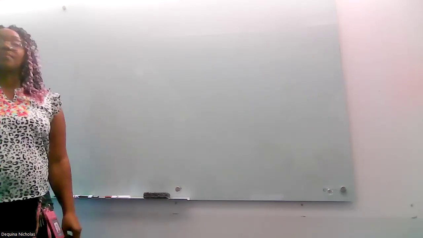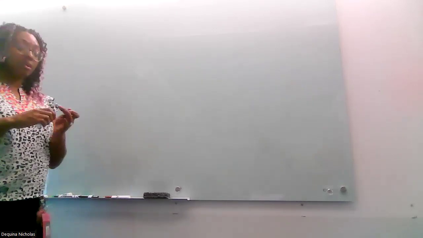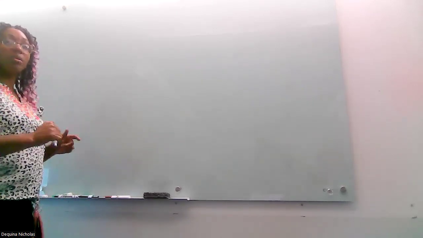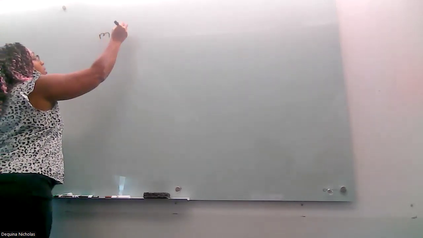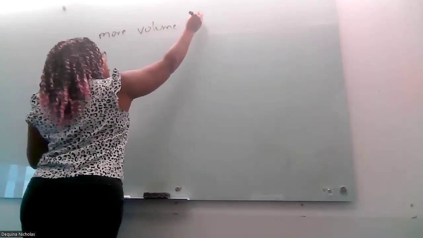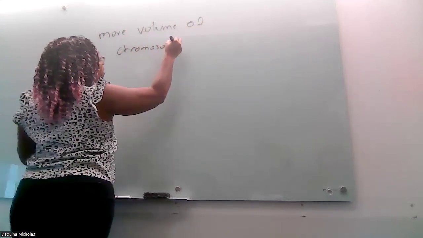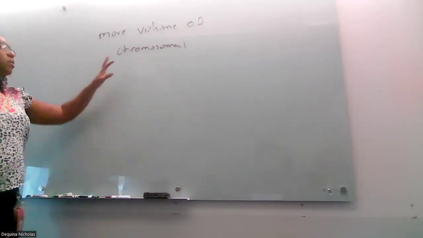Your question was about how you want more volume of the DNA, and if one is on an operation, then you use a lot in PCR. So we need more volume for a chromosomal aberration. Oh, no. So first thing, how large are chromosomes?